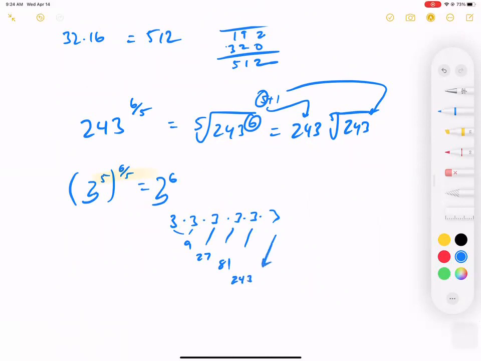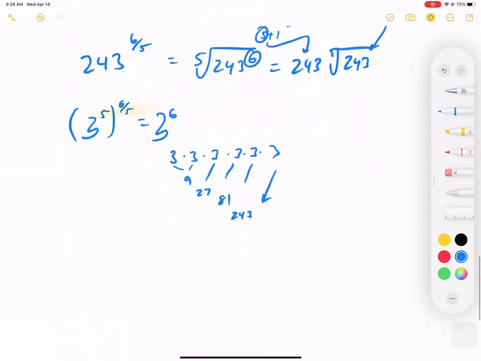And multiply this by 3 again is, I don't know, 729. Is that right? I hope it is. So 3 times 243 is 729. Yep. Okay. So the answer is 729.